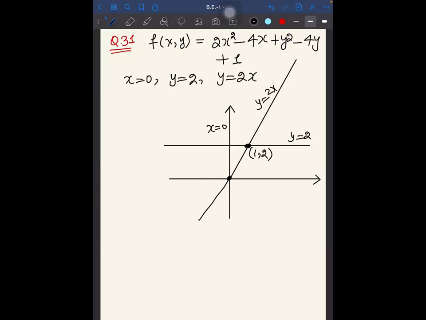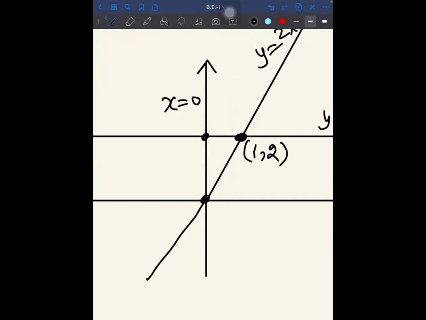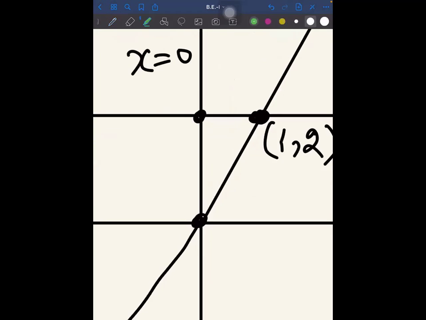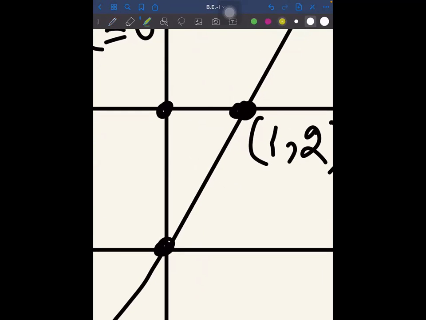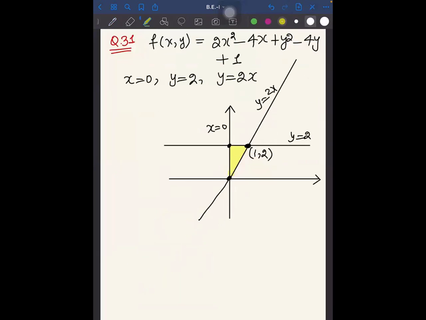So the region enclosed by these boundaries would be what? Only this region. Yes? Yes, sir. Okay. Right? So this is the region of consideration. So of course we have few boundary points with us, and that boundary points are what?